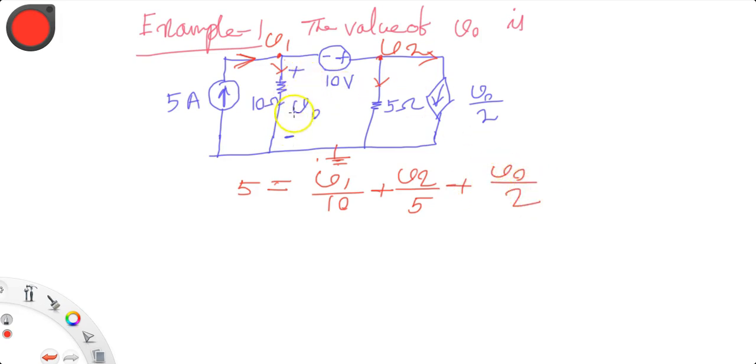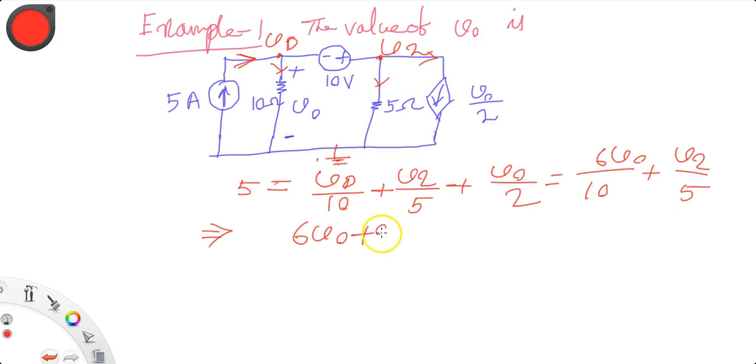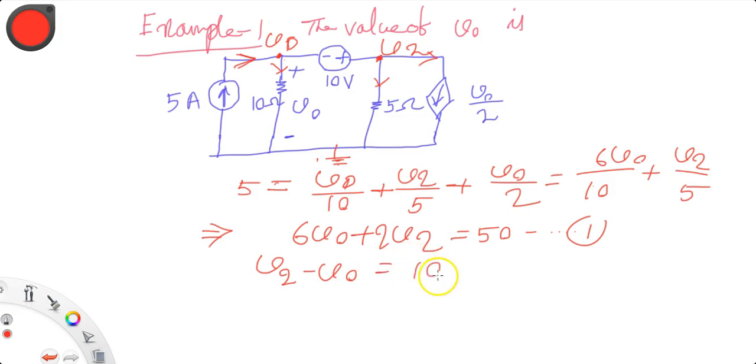V0 is the same as V1, so just modify to V0. Equation 1: 6 V0 plus V2 by 5. What is this 10 volt? V2 minus V0 is equal to 10 volt, equation 2.